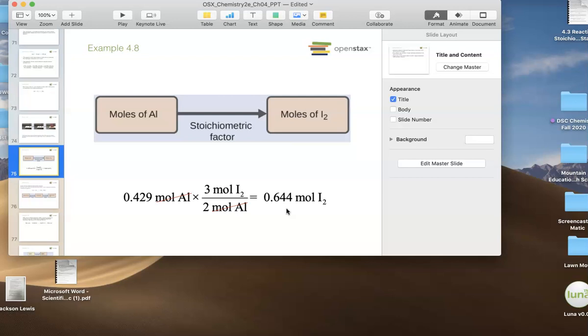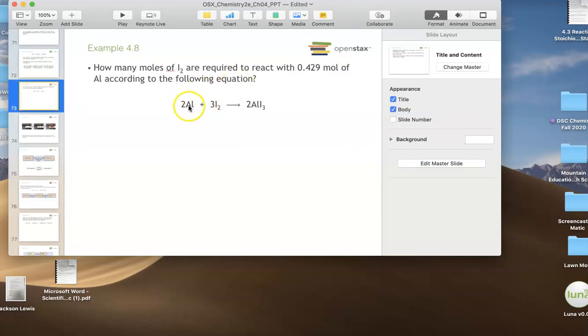You're converting moles of one chemical species to moles of a different chemical species, and the stoichiometric conversion factor used for this is referred to as the molar ratio. The molar ratio is derived from the balanced chemical equation, so you can imagine all the possibilities. With a simple chemical equation, you can write various conversion factors.